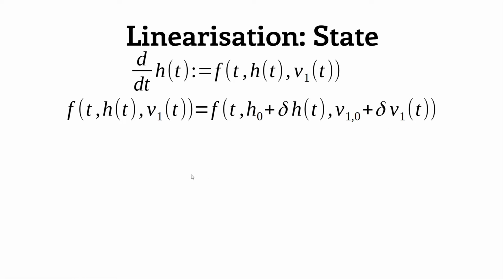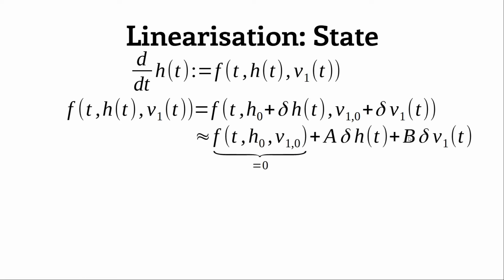And now using a Taylor approximation, we get this. So we have the value of the derivative at the steady state point plus some factor times the delta in height plus some factor in the delta in inflow velocity.